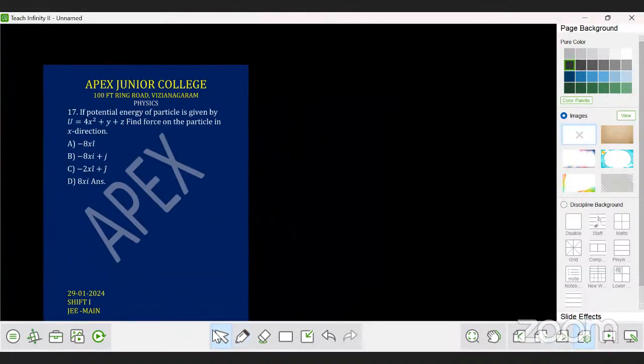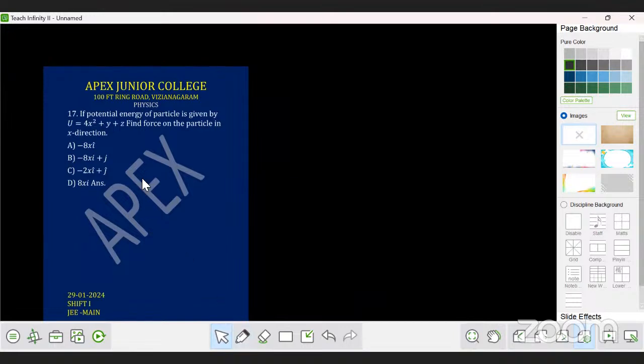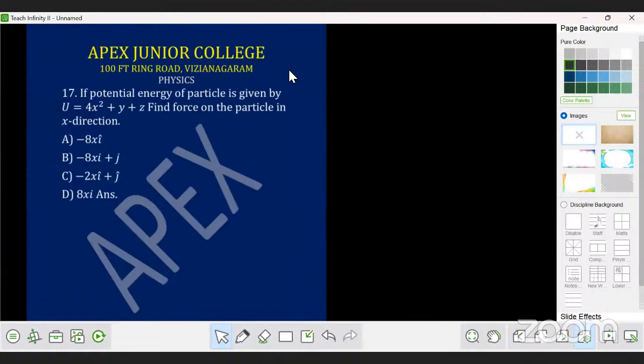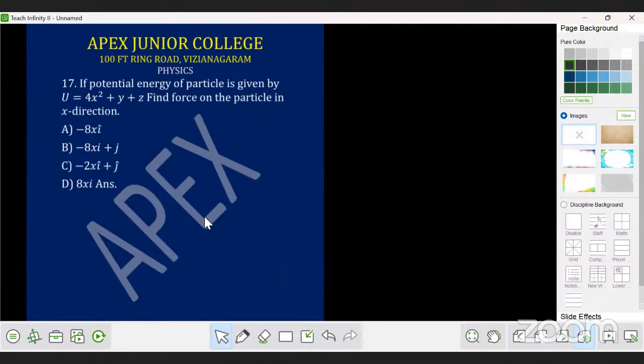Next question. If the potential energy of a particle is given by U equal to 4x square plus y plus z, then the question is the force on the particle.